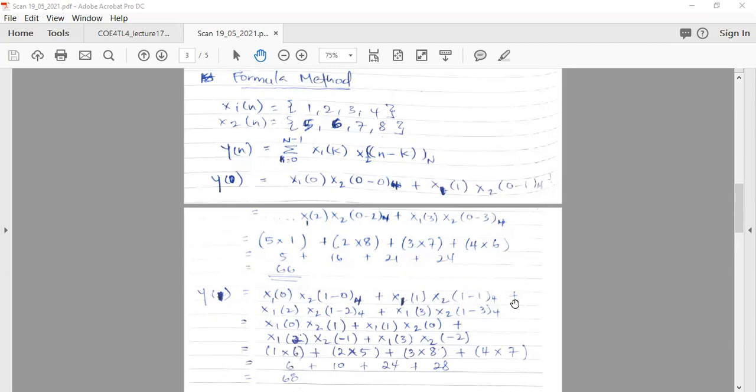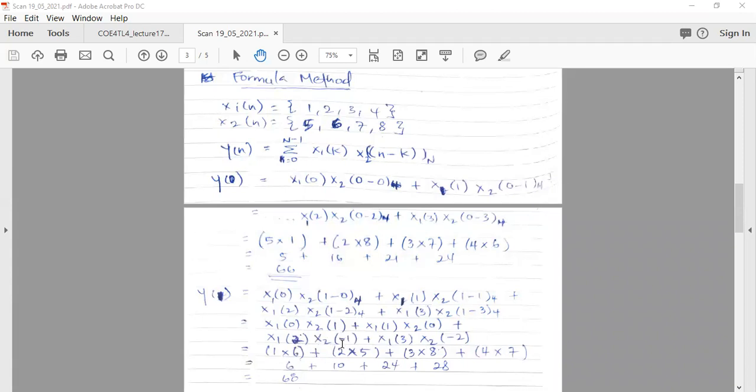You continue substituting and it reduces down to x1 of 0, x2 of 1, plus x1 of 1, x2 of 0, because 1 minus 1 is 0, plus x1 of 2 times x2 of -1.